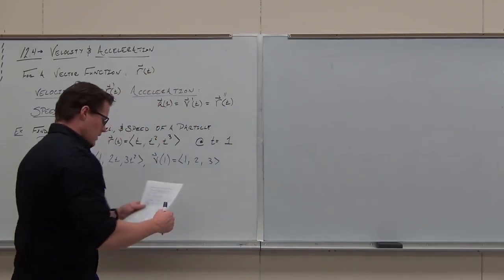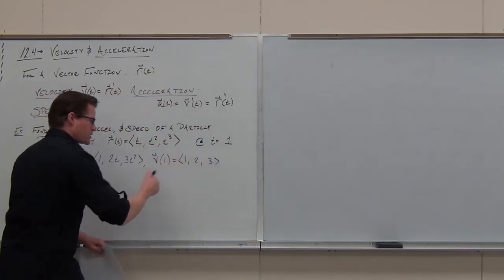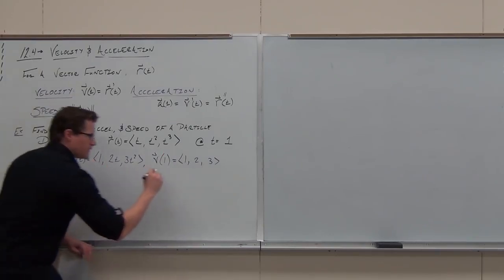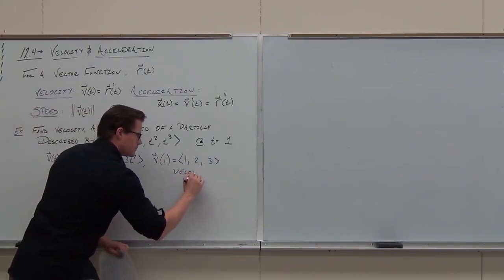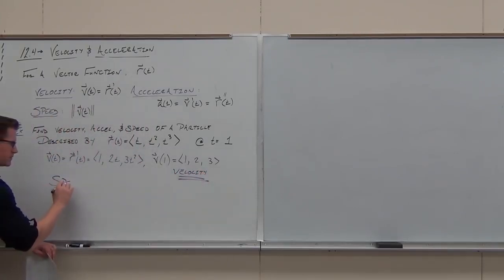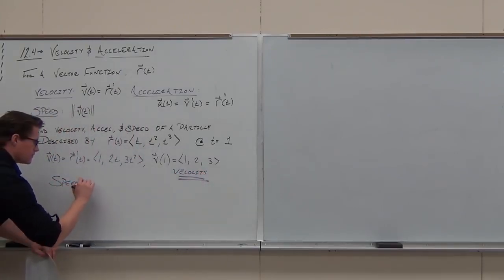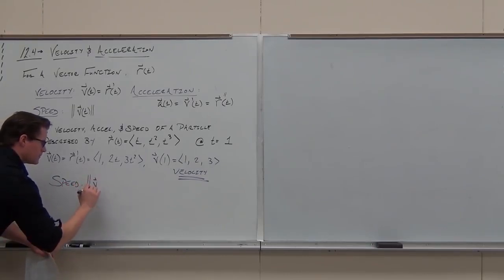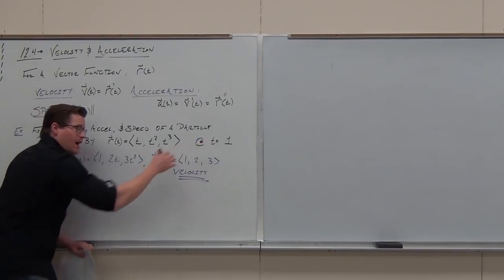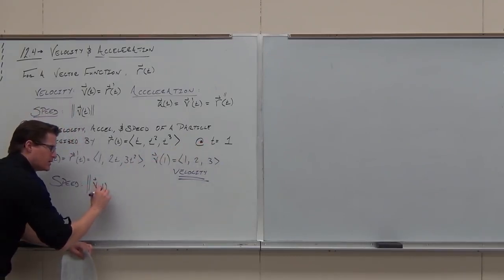So, this is a magnitude and direction. So this was velocity. If I want speed, pay close attention. The speed at that time would be the magnitude of the velocity vector at that time.